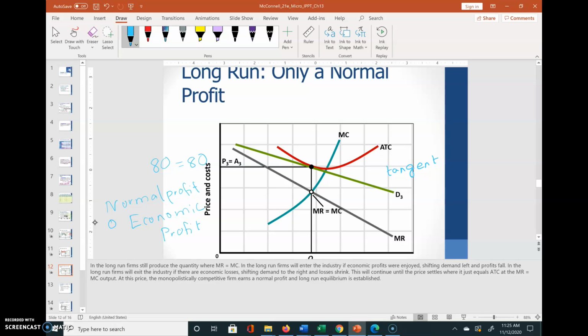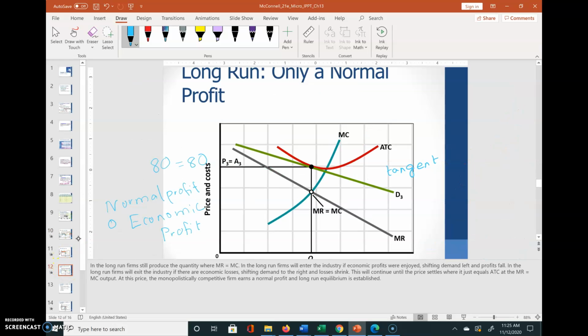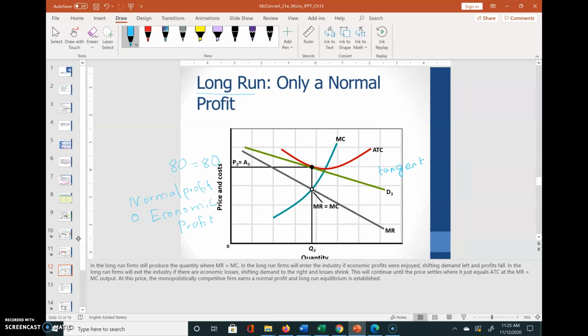So we started with a profit here in the short run. So we started with this graph where price was greater than average total cost, and then we went to this graph which is from the long run where we only have a normal profit, and this is where the price is equal to average total cost.